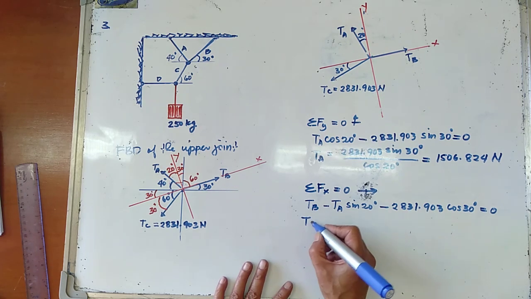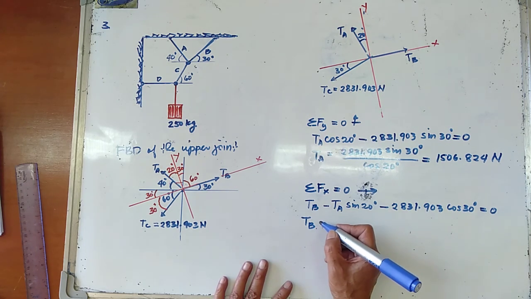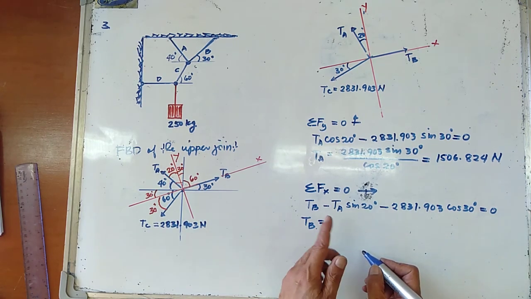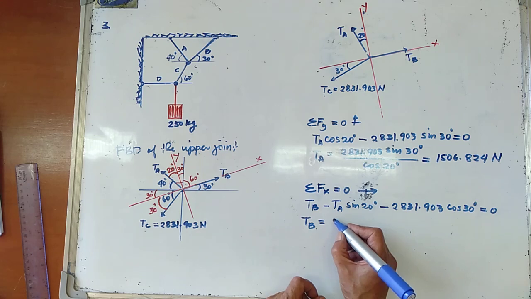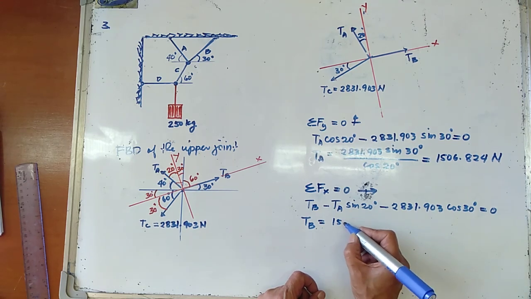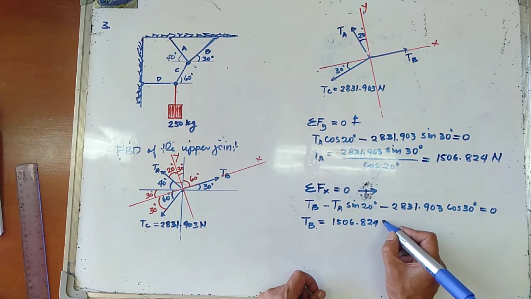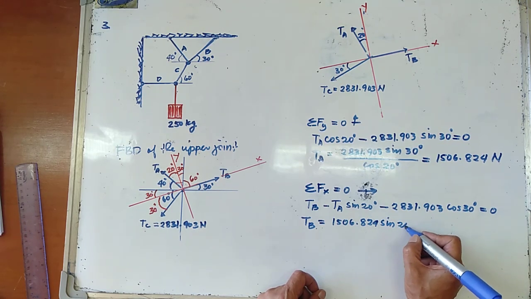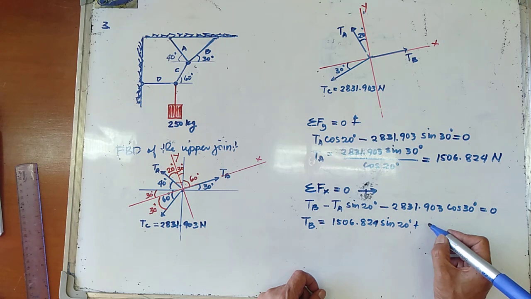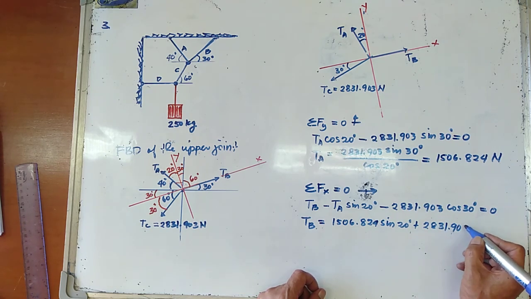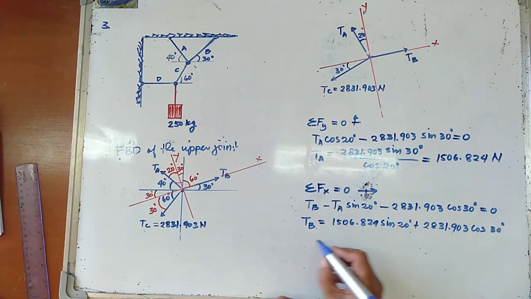Hence, the tension in cable B is equal to your TA, 1506.824 sine of 20 degrees plus 2831.903 cosine of 30 degrees.